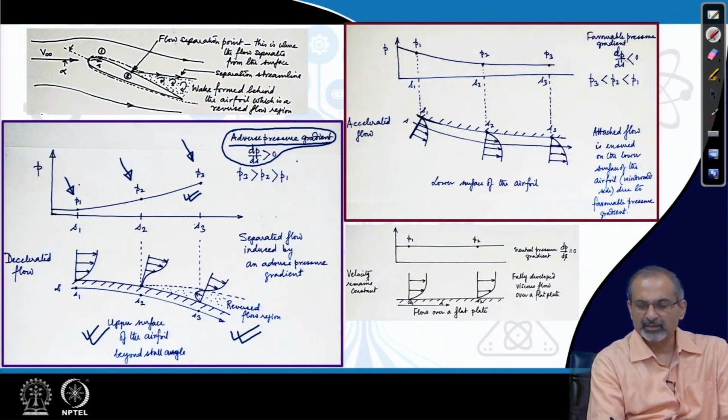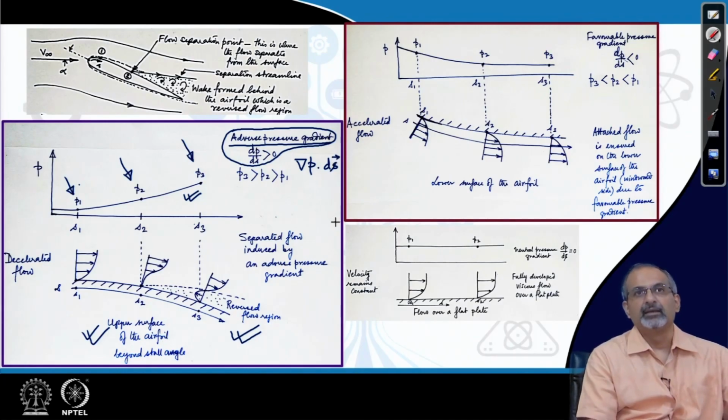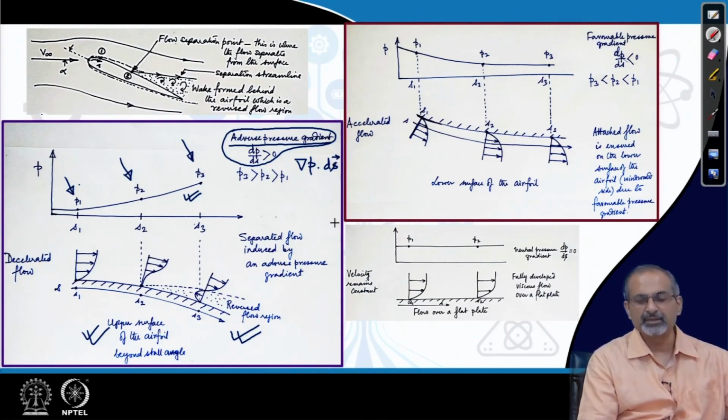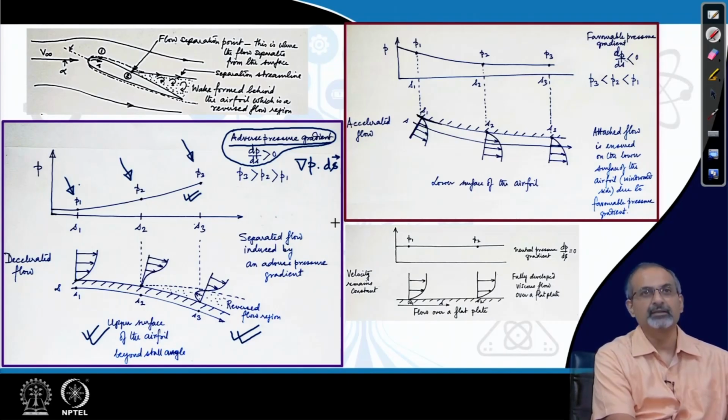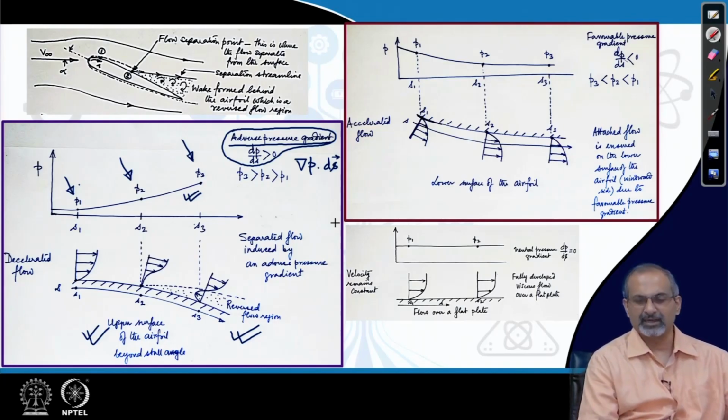You remember that we talked about gradient of P, and then we talked about dotting it with ds, and we said that that gives you a directional derivative, and if the directional derivative is dP/ds here, then it happens to be greater than 0. So, if you move along the s direction, the pressure is increasing.